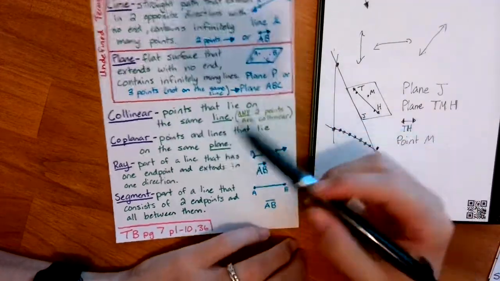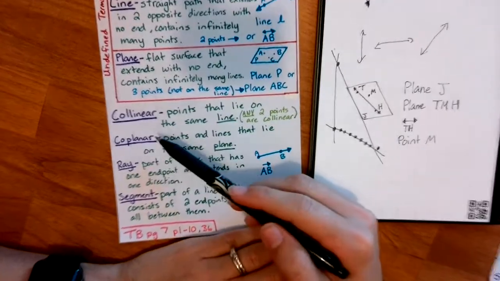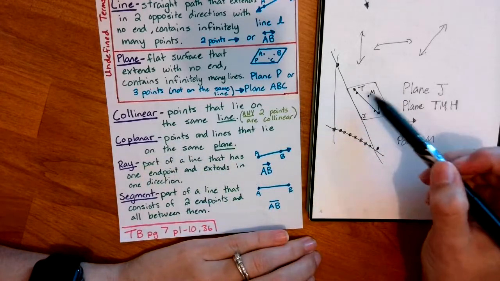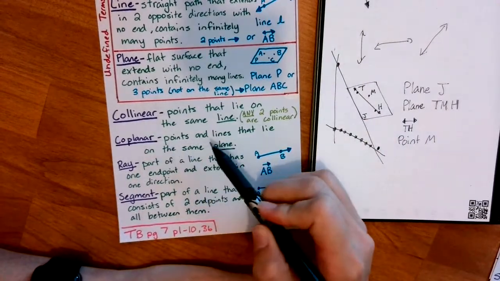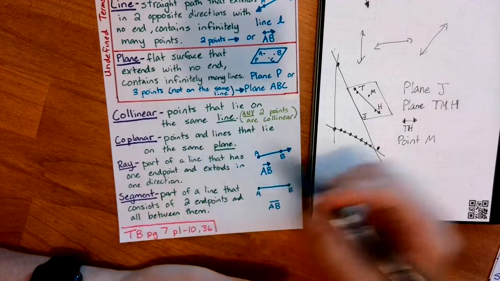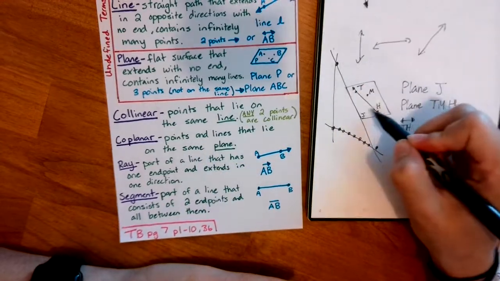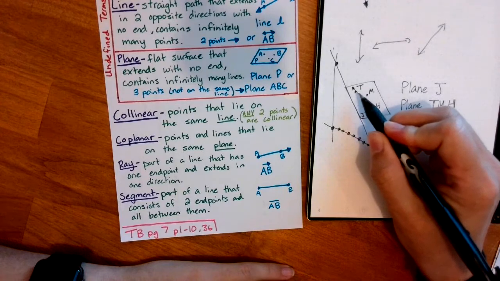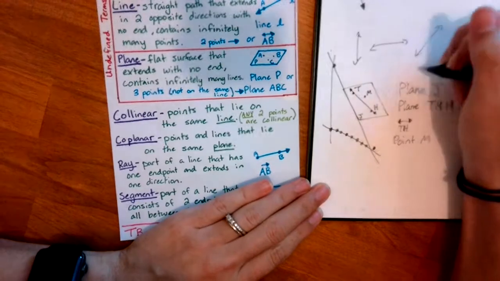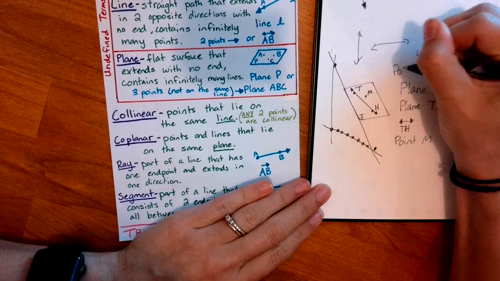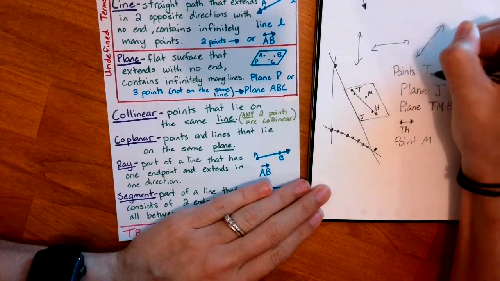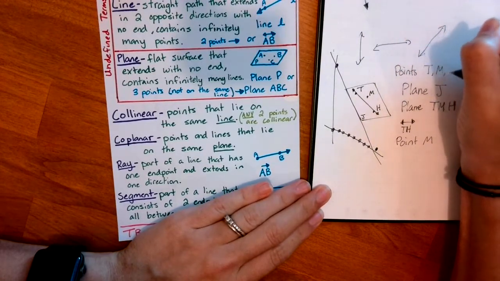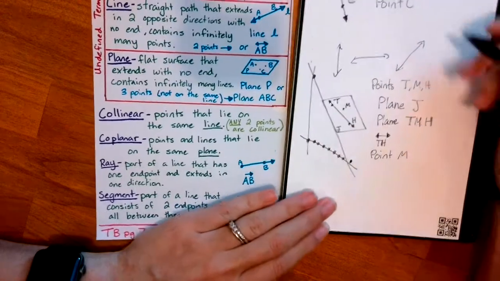With that same idea, we talk about coplanar, okay? So plane being the same plane. So it's points and lines that lie on the same plane. So in my plane right here, my plane J, I can say that points T, M, and H, I'm going to write that out, points T, comma, M, comma, H. Okay, so those are different points.